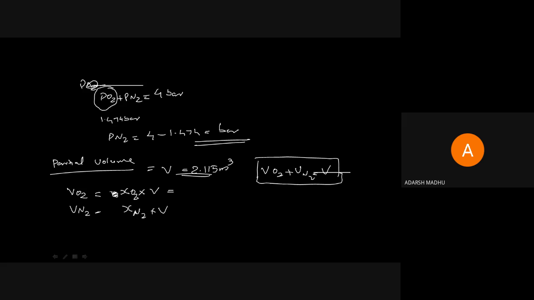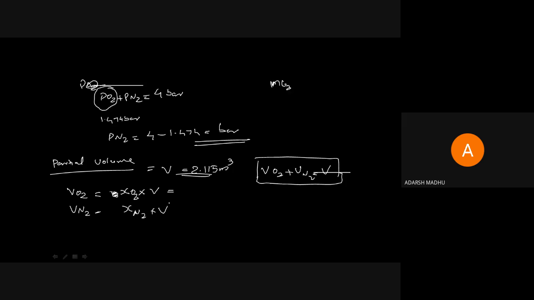Mole fraction, not number of moles. You don't need to use the number of moles of nitrogen or oxygen, only the mole fraction. XO2 means mole fraction; nO2 means number of moles.